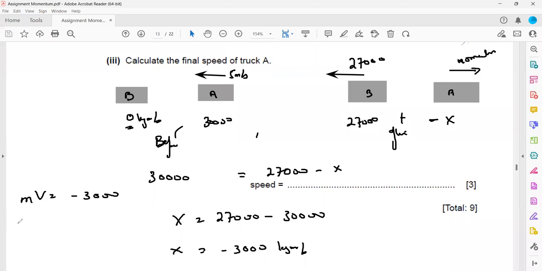So the mass of truck A is 6,000 and the final momentum is minus 3,000. So V is equal to minus 3,000 divided by 6,000, which is equal to minus 0.5, which shows that it moves in the opposite direction to the original one. That's why we are getting a negative answer.